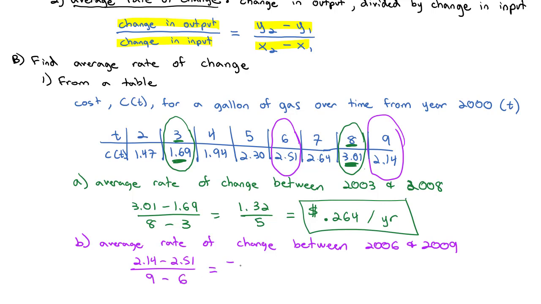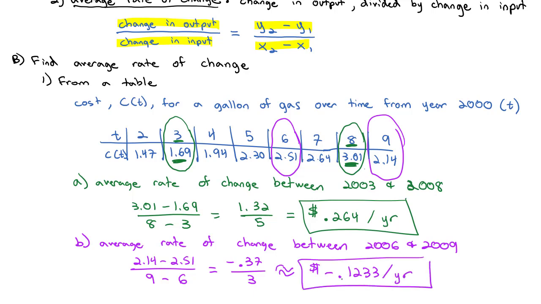When I subtract this time, I get a negative 0.37 on top, divided by 3, and when I do that on my calculator, I'll get approximately, because it doesn't divide by 3 really nicely, negative $0.1233 per year.